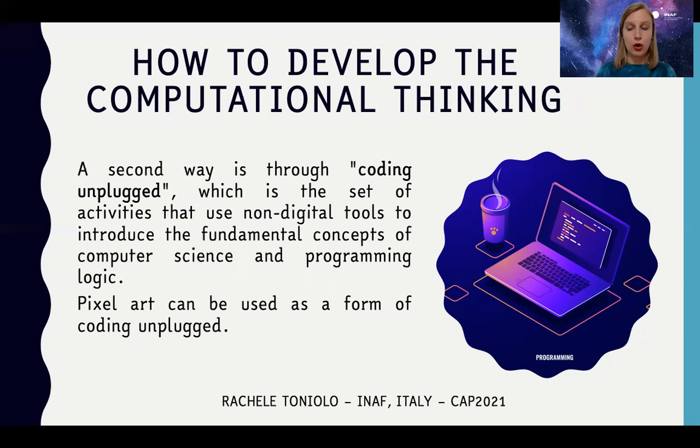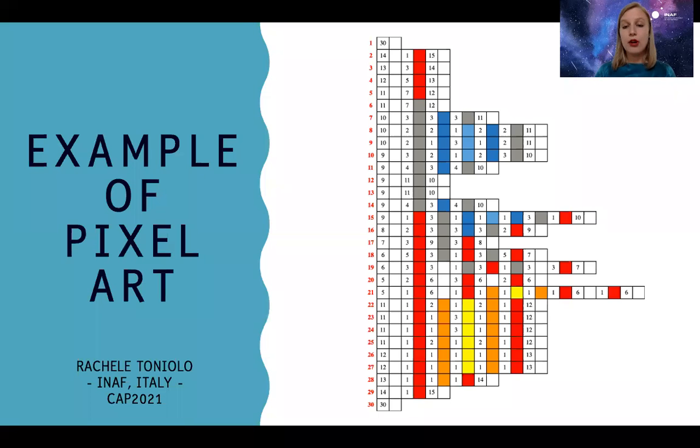Children are given a code defined as a sequence of colors and numbers that explains how to color the squares of a grid, with the purpose of creating a certain image in the same way a computer does. This is an example of the code I was talking about. The instructions are formed by numbers and colors. The numbers indicate how many cells must be filled with the color located next to them.